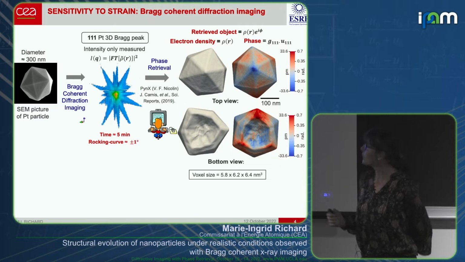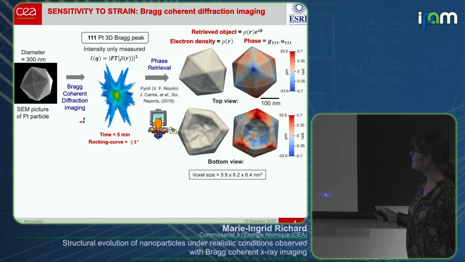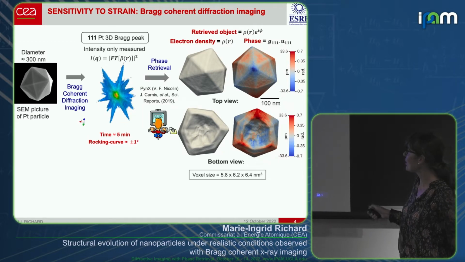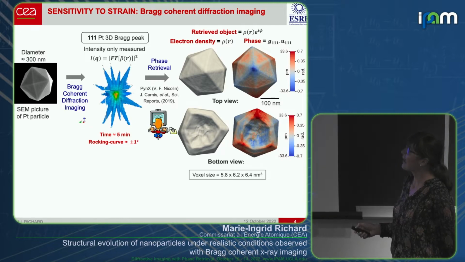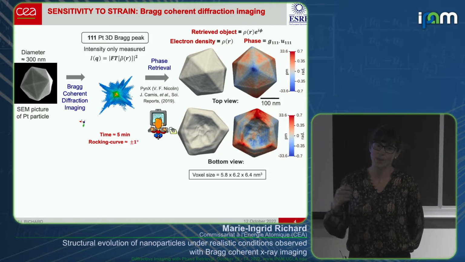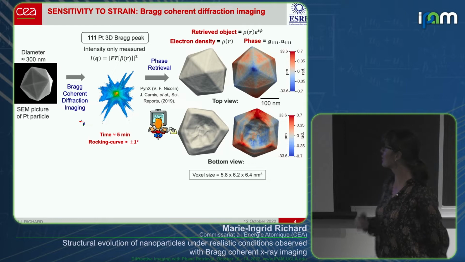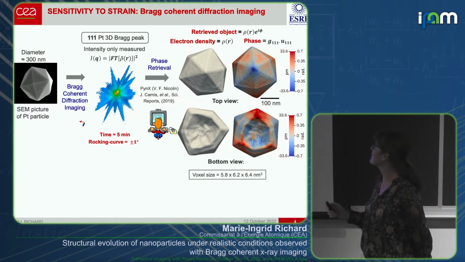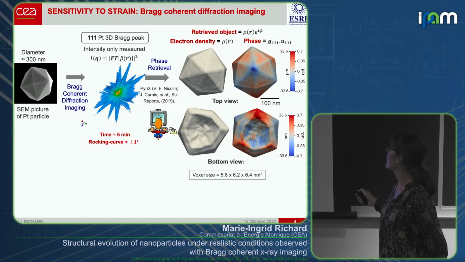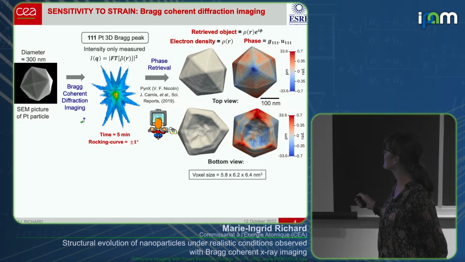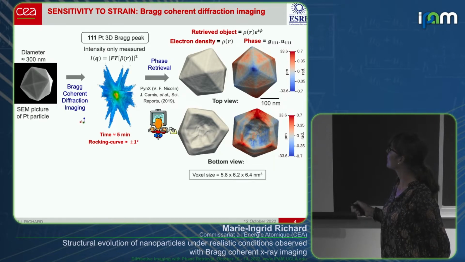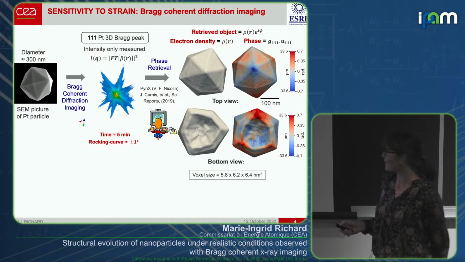The amplitude will give us the electron density, so it will give us the shape of the particle. And what is very interesting, as we are working in Bragg conditions, so in diffraction, the phase encodes the lattice displacement. Here is the lattice displacement, in picometers, and the color scale is this lattice displacement.